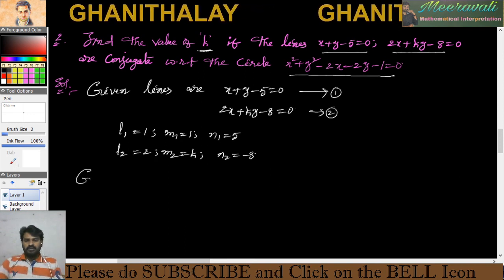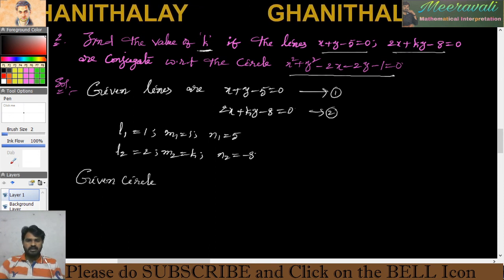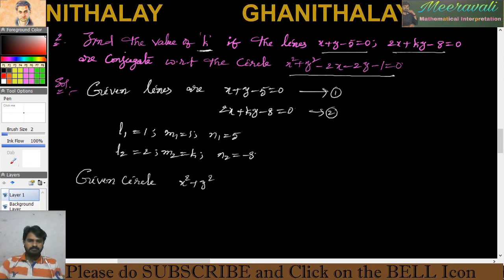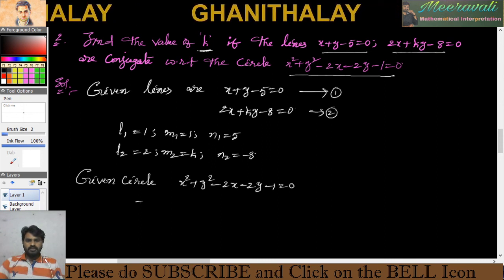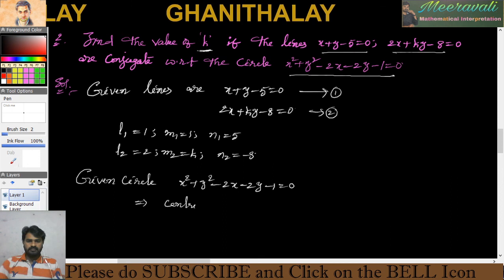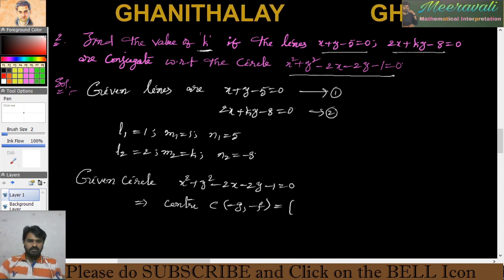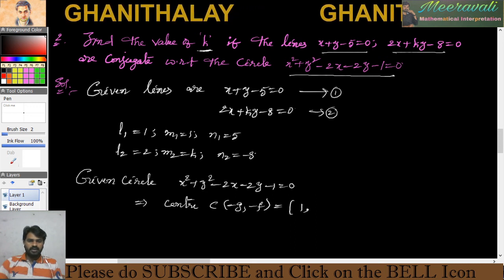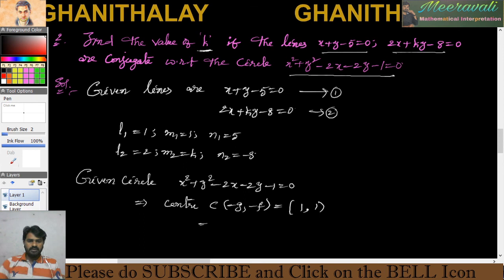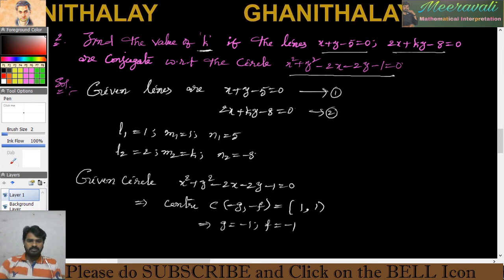Now write the given circle. By taking the given circle, you have to find the center and radius. For that, the center formula is minus g, minus f. So simply you can take the negative of half of the x coefficient, negative of half of the y coefficient. You will get g is equal to minus 1, f is equal to minus 1.